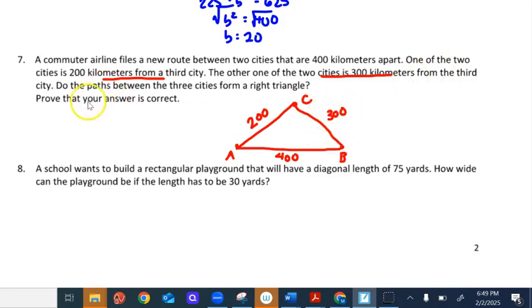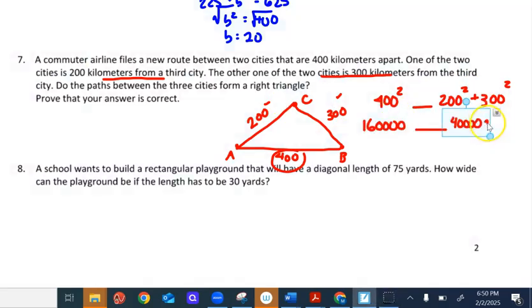Okay, so it's saying do the paths between these three cities form a right triangle. Well, obviously from my picture it does not, but that's not how we're going to determine it. We're going to take the largest side, and that's going to be our C. Our smaller sides will be A and B. And we're going to see what we get here. 90,000.